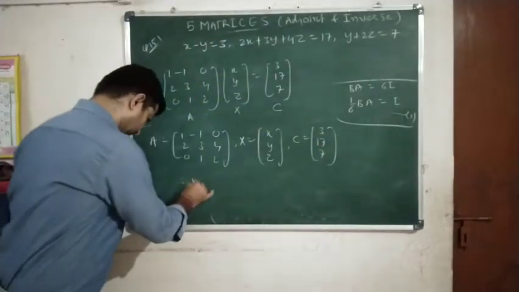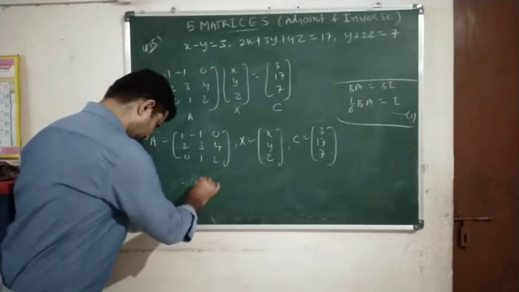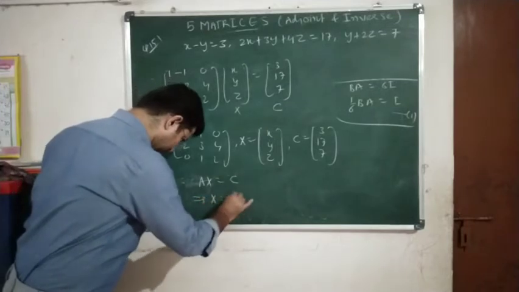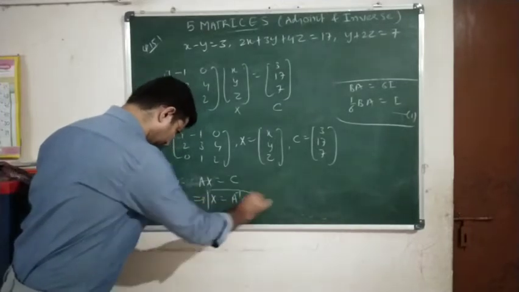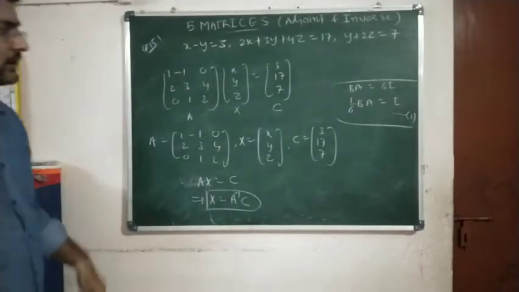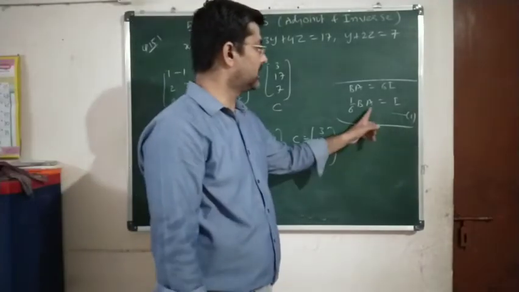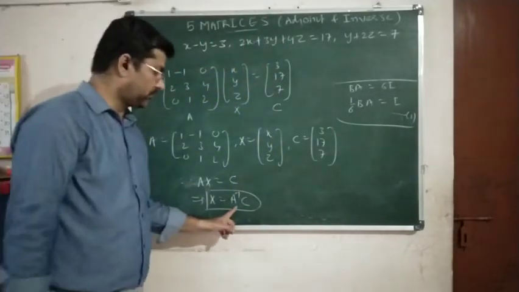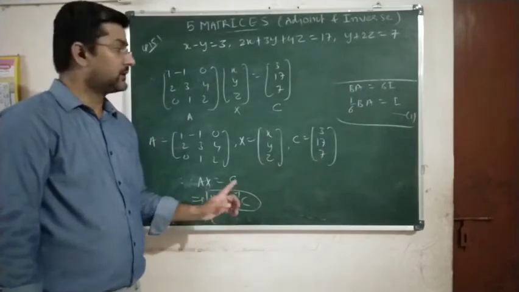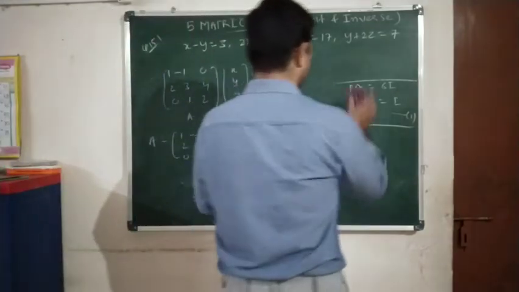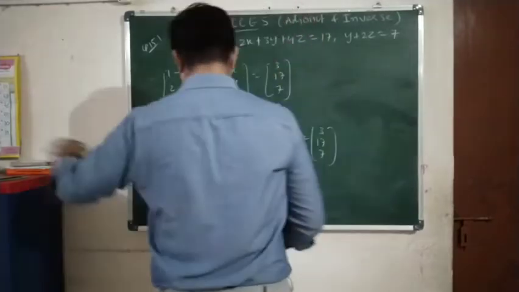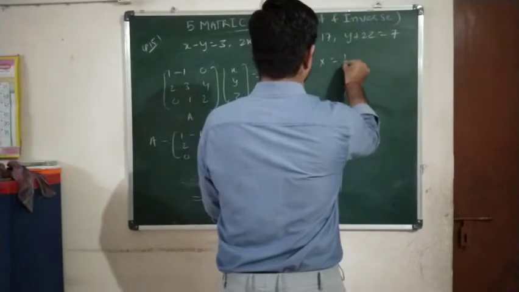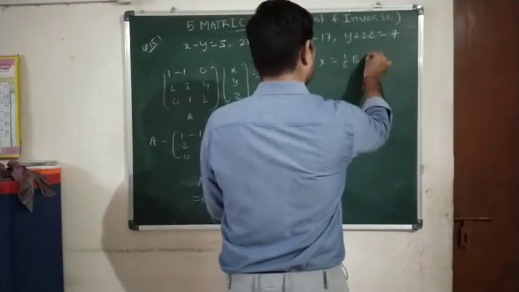The matrix equation is AX is equal to C, which implies X is equal to A inverse C. We have already got A inverse, which is 1 upon 6 into B. So for A inverse we will put 1 upon 6 into B. Therefore X is equal to 1 upon 6 B into C.